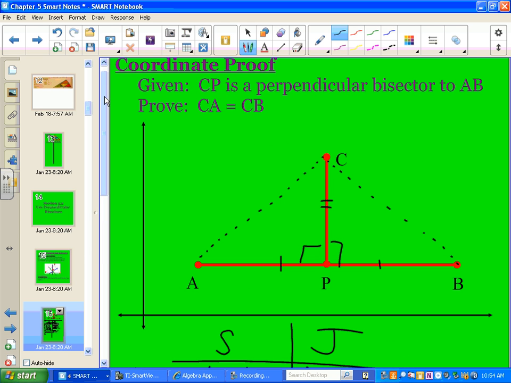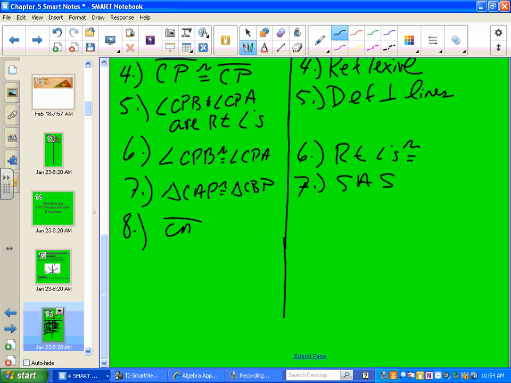Danielle, now that the triangles are congruent, what can you tell me? Good. CA is congruent to CB. What's that justification, Danielle? CPCTC.